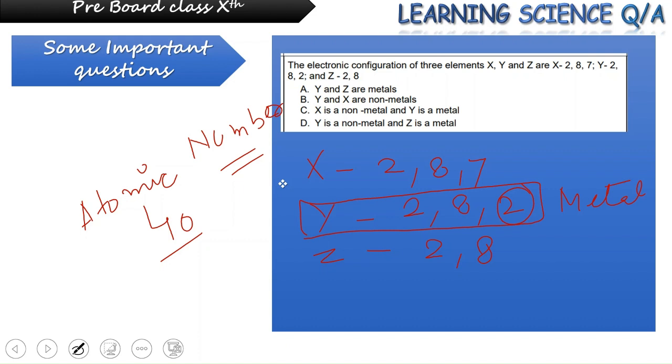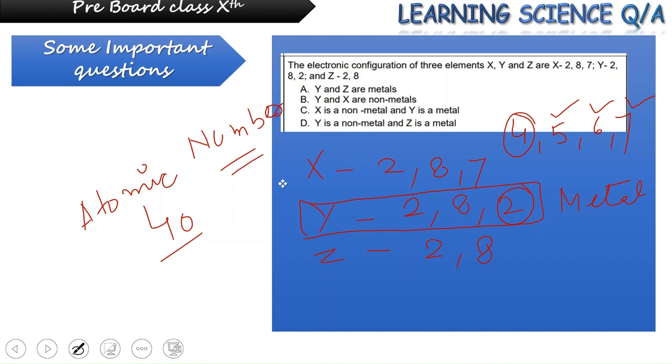Any element having 4, 5, 6 or 7, majorly 5, 6, 7 because 4 would be doing sharing of electrons, will be a non-metal because they will be taking up electrons to fulfill their outermost orbit.